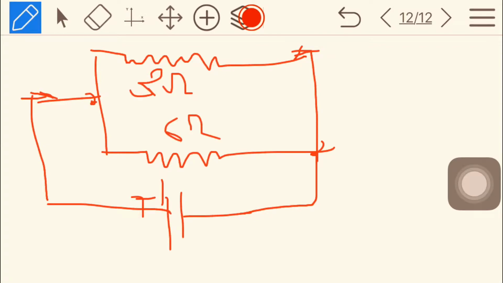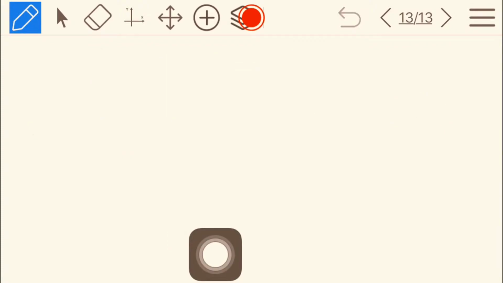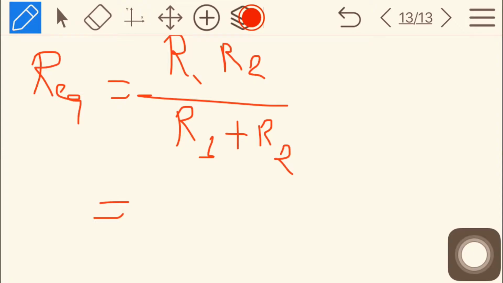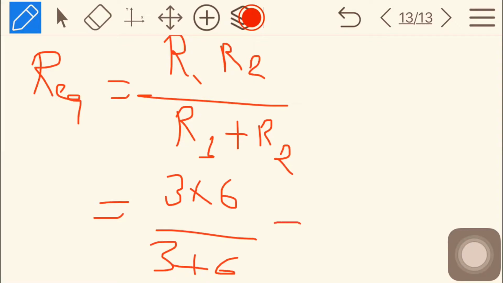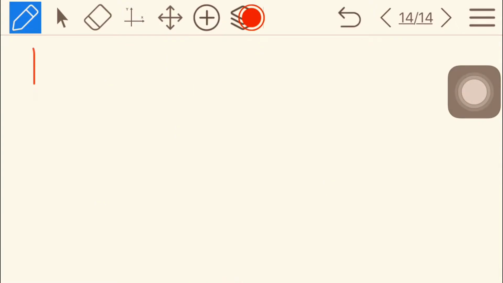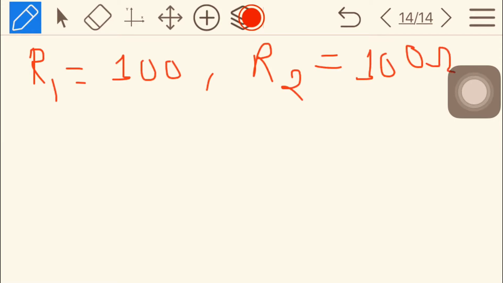So Req is equal to R1 R2 by R1 plus R2, and putting the values of R1 and R2, we get Req is equal to 2 ohm, which is less than 3. So Req is less than 3 ohm, which is the minimum resistance in the circuit.